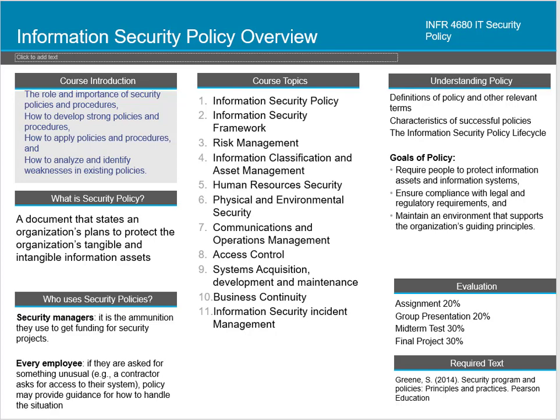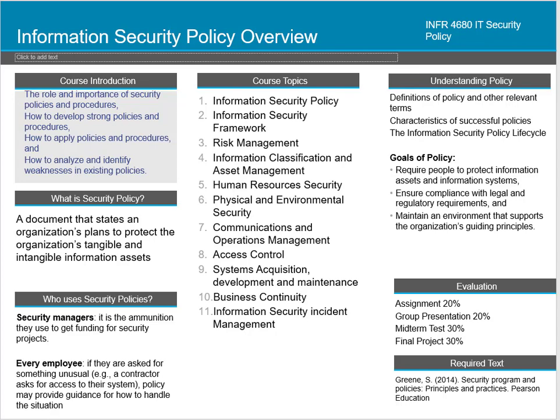So in next week's class, we'll discuss the information security framework. We'll look at risk management, which is a key topic in business, how we classify information assets, human resource security. It's generally a weak point in any IT security plan.